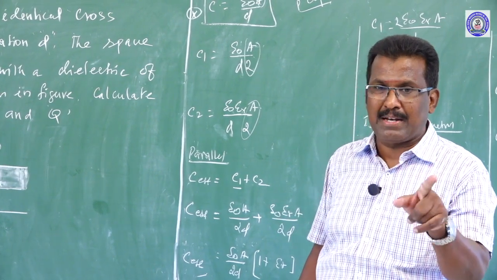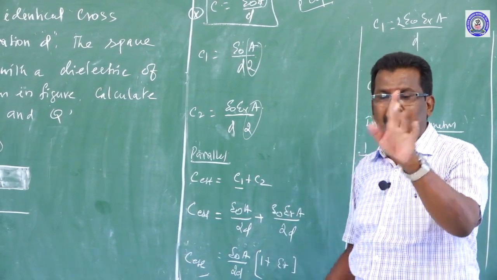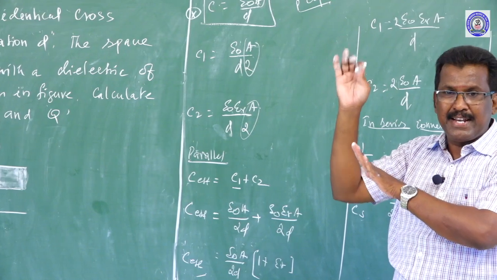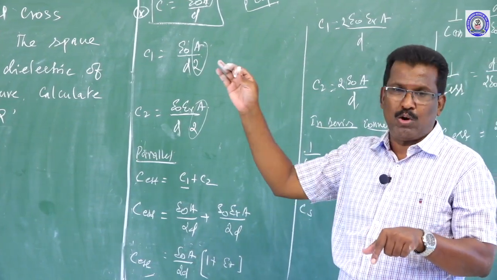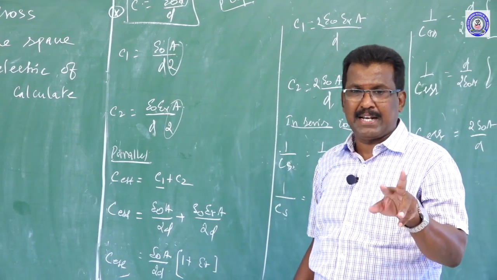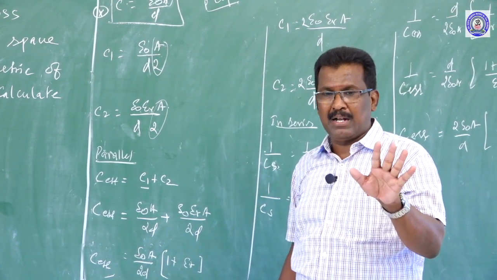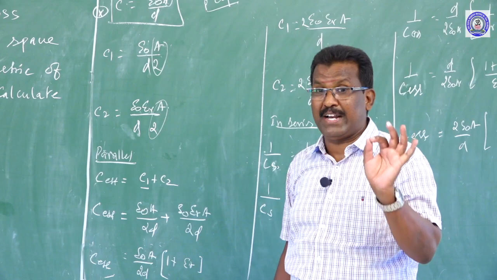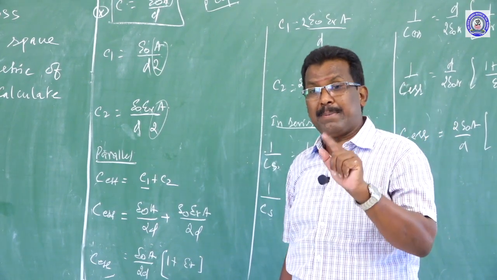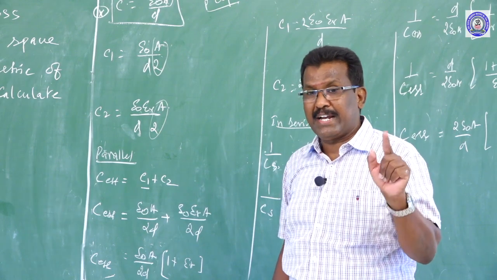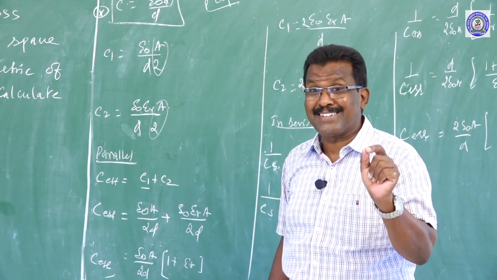So C parallel is equal to C1 plus C2 plus C3 and so on. C series: 1 by C is equal to 1 by C1 plus 1 by C2 plus 1 by C3 and so on. When a number of capacitors are connected in series, the effective capacitance is always lesser than the least. When connected in parallel, the effective capacitance is always greater than the greatest.